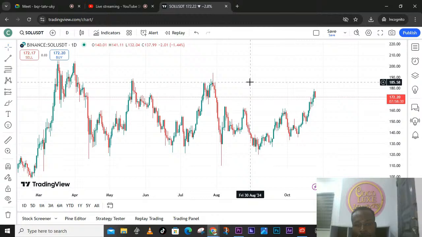Is there anything you do to understand the market structure better? I want to understand why the market did this, something of that nature.